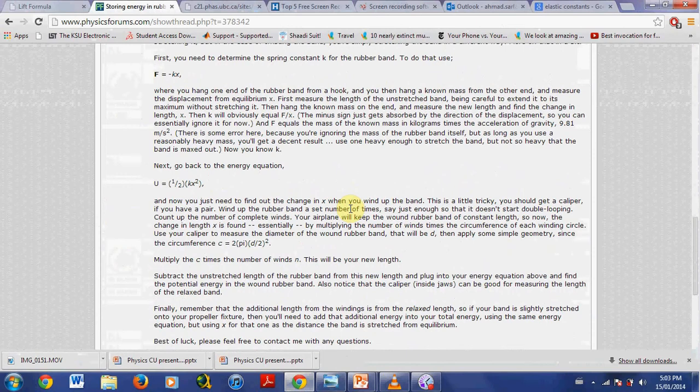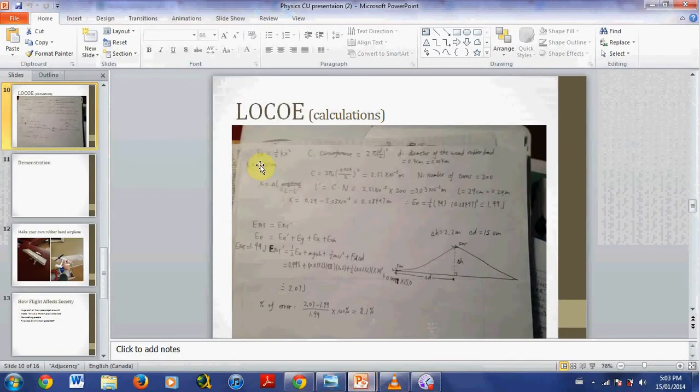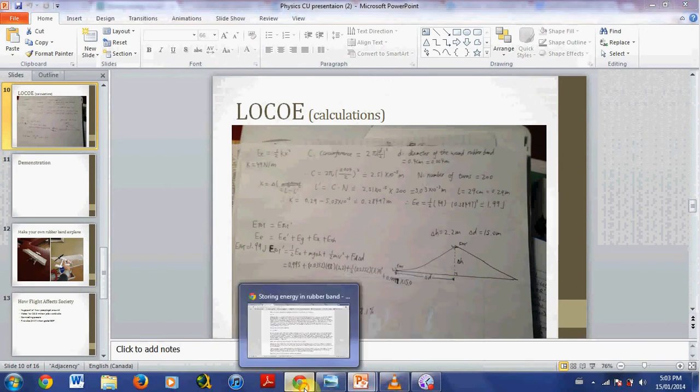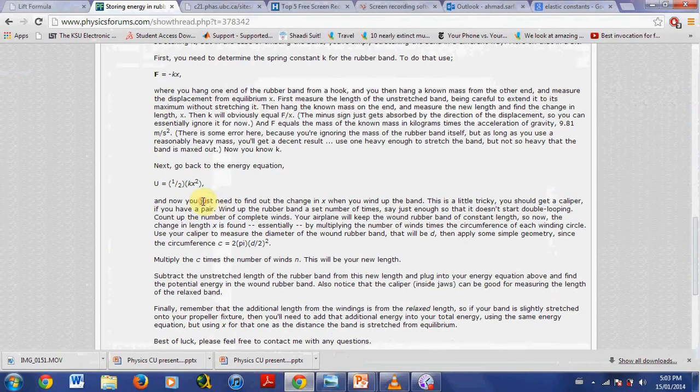So first off, we had to find the K value of our rubber band, which we found to be over here, 49 newtons per meter, sorry. And then we had to calculate the circumference of one loop, which is made when we twist the rubber band, which we had twisted 200 times.